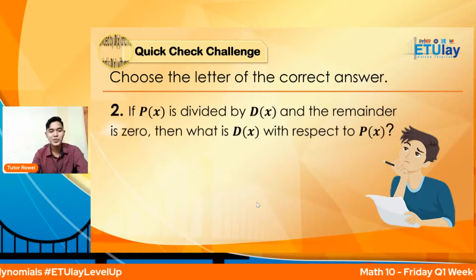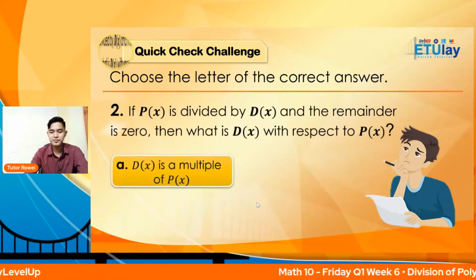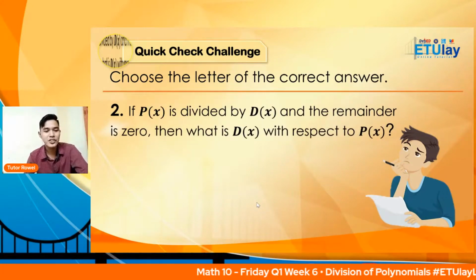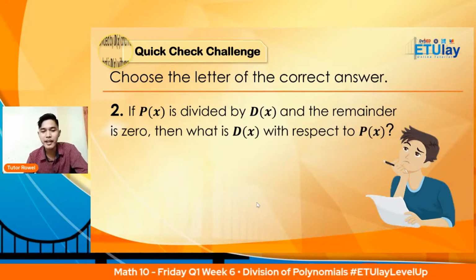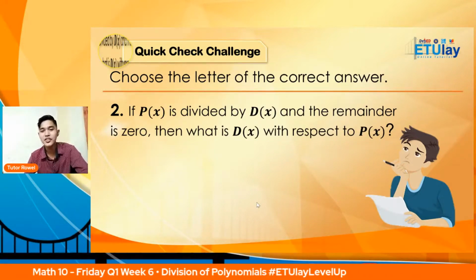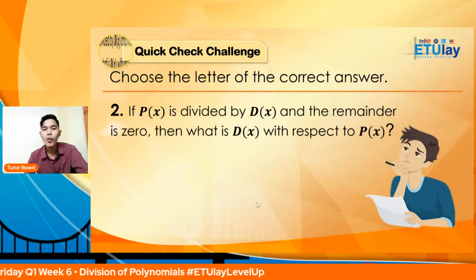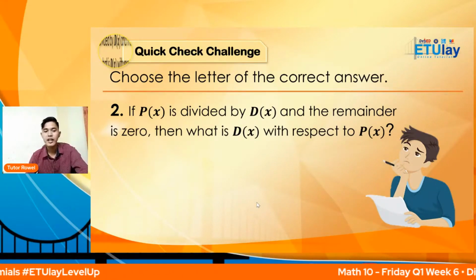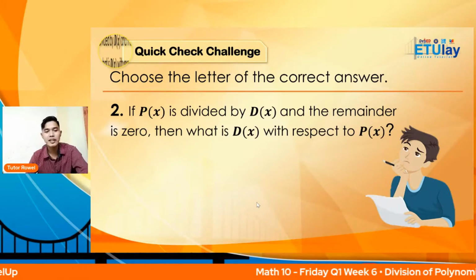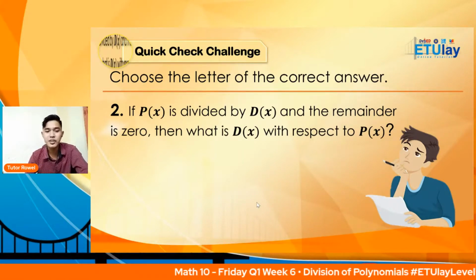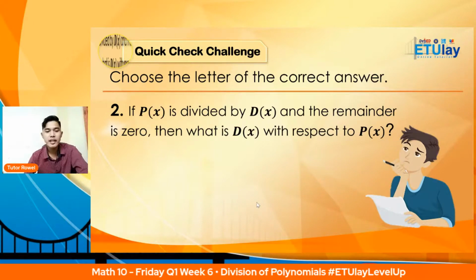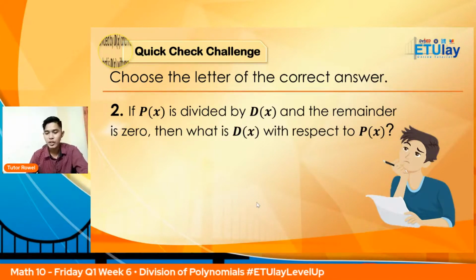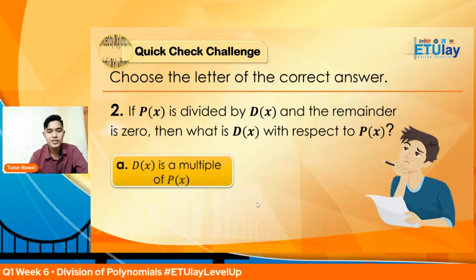Let's try number 2. If P of x is divided by D of x and the remainder is 0, then what is D of x with respect to P of x? Kapag dinivide daw si P of x by D of x at ang remainder 0, ano ang mangyayari kay D of x? Or what can you say about D of x?